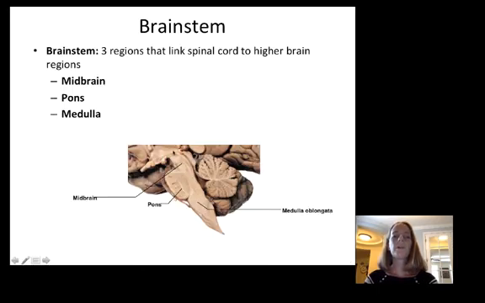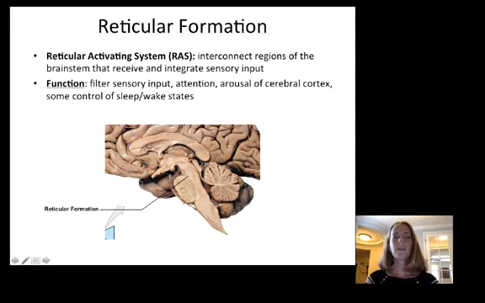Okay, so below the hypothalamus, now we can get into the last region of the brain before we get into the spinal cord. So this is the brainstem, which is made up of the midbrain, the pons, and the medulla oblongata. Within the brainstem, we have something called the reticular activating system. This is a fascinating part of the brain that is basically another filtering area.